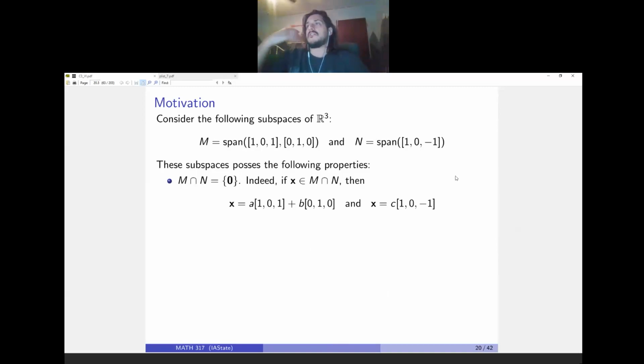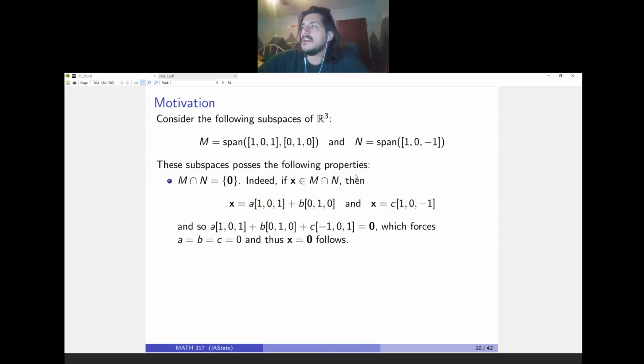So let's actually verify that. Let X be in M and X be in N. If X is in M, then it's that, and if X is in N, it's equal to that. In other words, if we do X minus X, then you have this plus this minus this, which is equal to that.